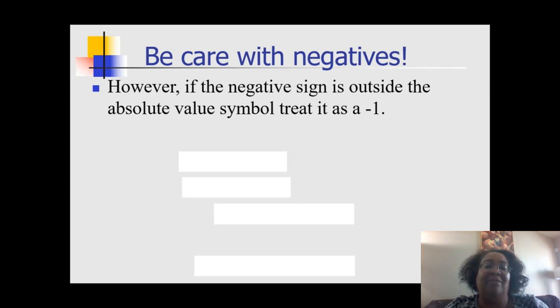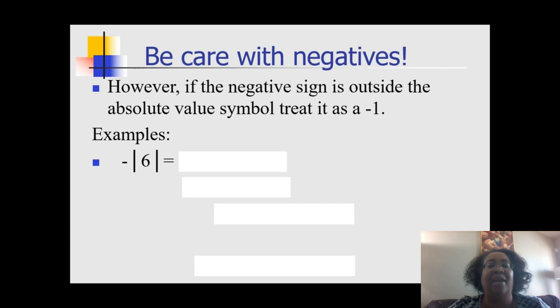Anytime you see a negative that's outside of the absolute value symbols that are straight up and down, then you need to treat that negative as a -1, that you're multiplying or dividing by a -1. So let me give you some examples. If you have the absolute value of 6, but on the outside it says negative the absolute value of 6, well, we know the absolute value of 6 is going to be 6.